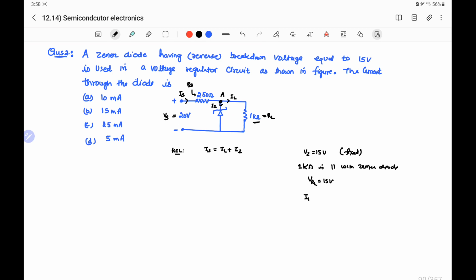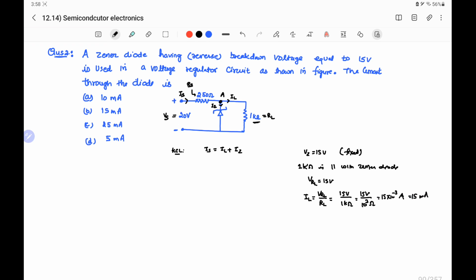Therefore, the load current will be equal to voltage across the load resistance divided by the value of load resistance. It will be equal to 15 volt divided by 1 kilo ohm, that is 15 volt divided by 10 raised to the power 3 ohm. We can write it as 15 into 10 to the power minus 3 ampere, or simply it is 15 milliampere.